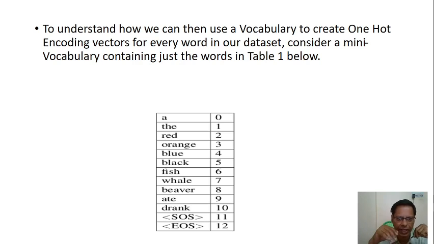Here also we can see different words are stored with different memory sizes. To understand how we can then use a vocabulary to create one-hot encoding vectors, it is like this: every word has a different memory space, is it not? For example 0, 1, 2, 3, 4, though it is not exactly like this.